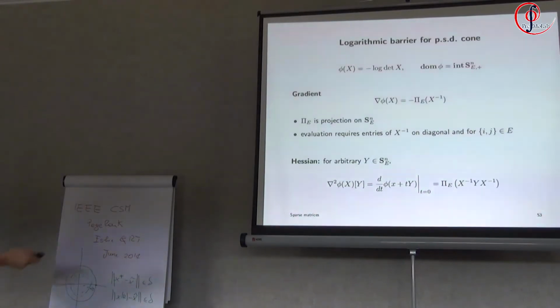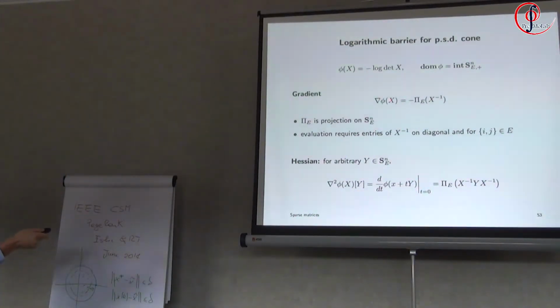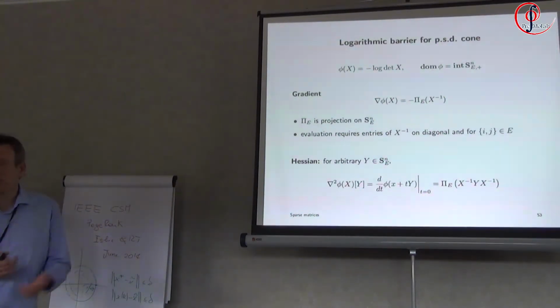For example, a tridiagonal positive semi-definite matrix. That's the logarithmic barrier on the space of tridiagonal matrices. Then the gradient of this barrier is defined like this: it's minus X inverse projected on the sparsity pattern. That's the gradient of this barrier if you restrict it to the subspace of sparse matrices.